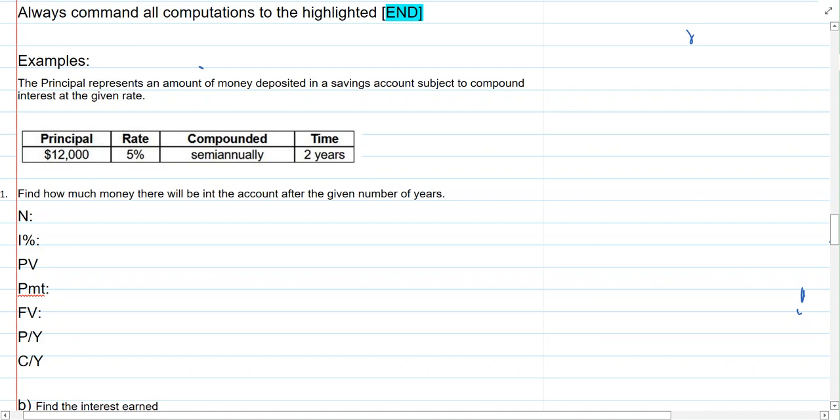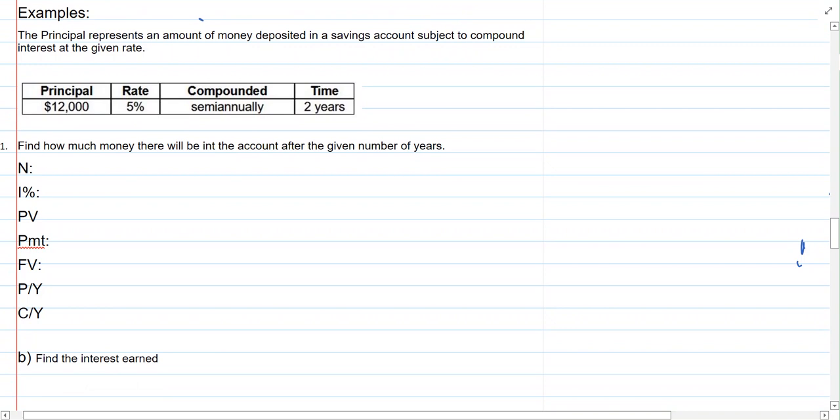So we're going to start easy with some examples, and you'll see something similar in your homework. So here we go. The principal represents the amount of the money deposited in a savings account subject to compound interest at the given rate.